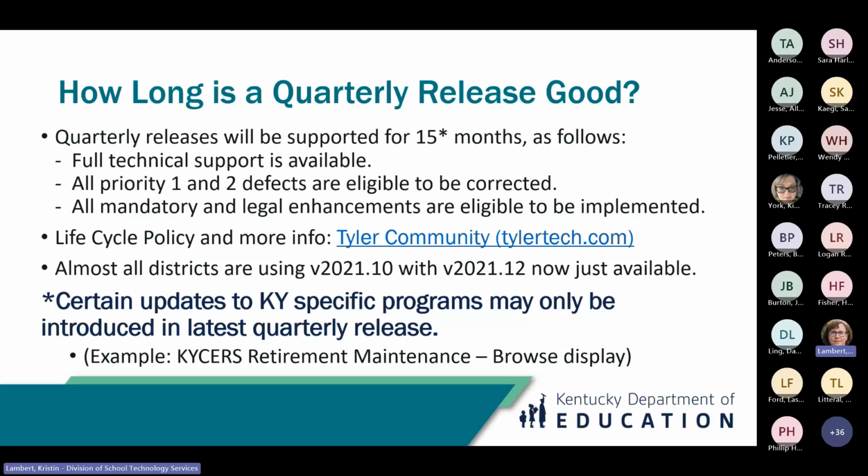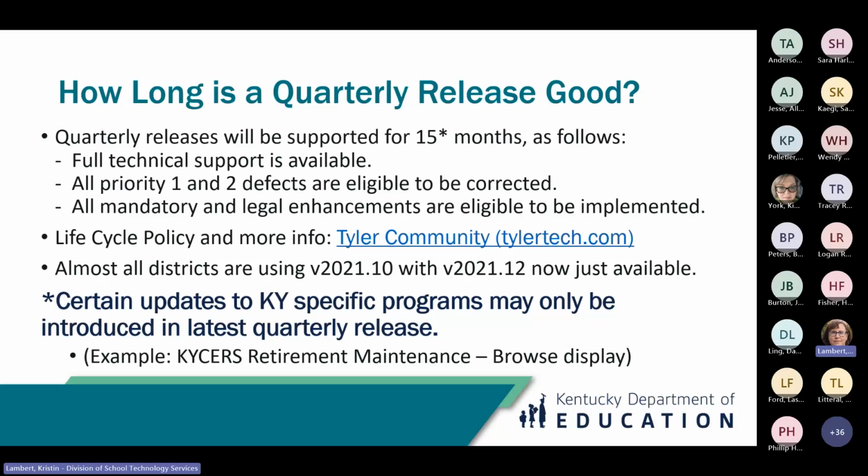As mentioned, most districts are using 2021.10 at this time. And I do want to throw out there, certain updates to Kentucky-specific programs may be only introduced in the latest quarterly release. These are for some minor defects, possibly. I can't say, there's no definitive answer on this. For example, there was a KY retirement maintenance browse display issue in .10.